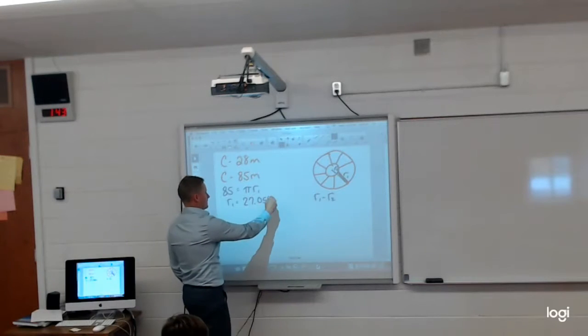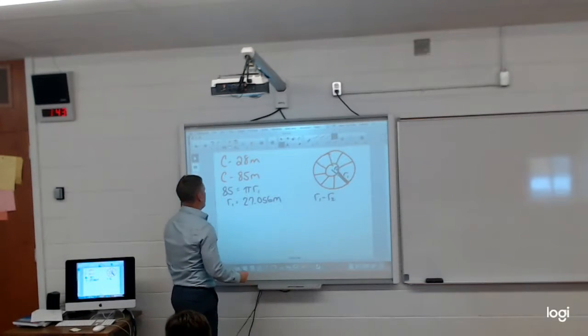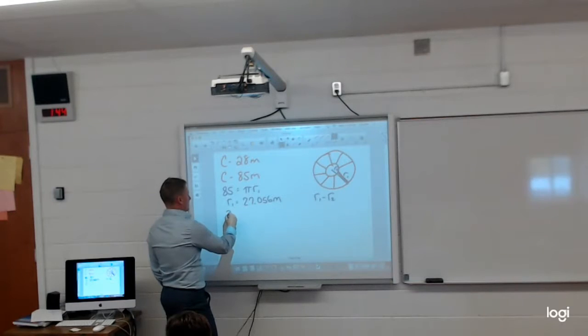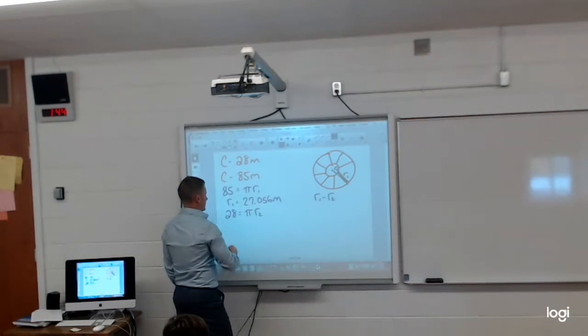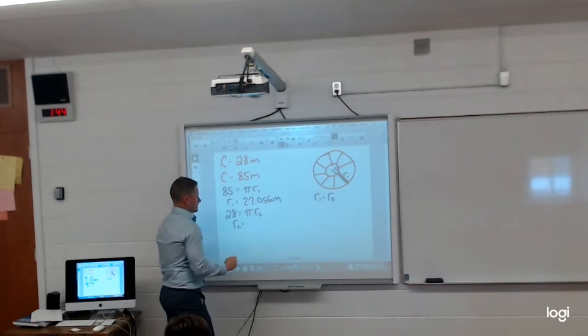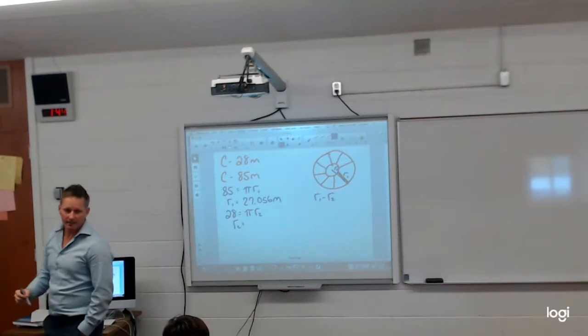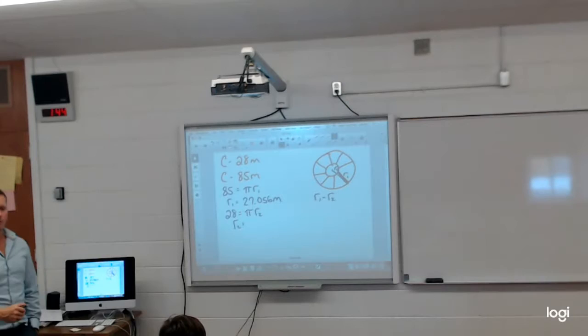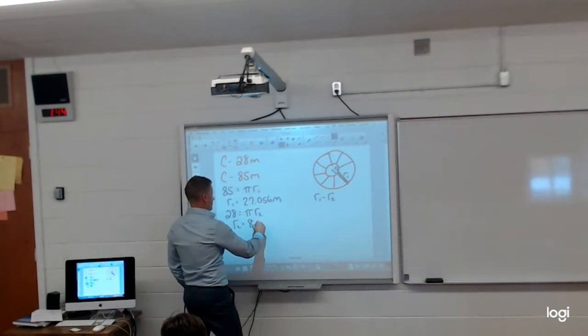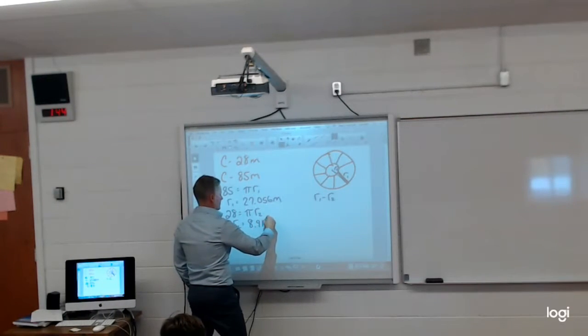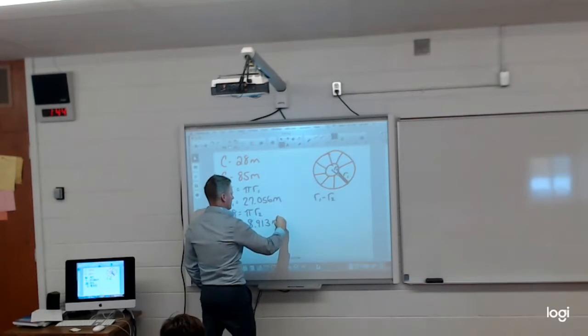Meters, right? Now I need the smaller one. I do the exact same thing, except this time I'm taking 28 divided by pi. So what's 28 divided by pi? 8.912.